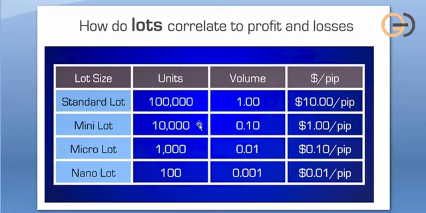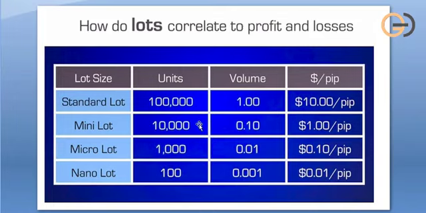So it is the amount of money that you have that you can use to purchase a currency in the market. So if you have a $1,000 account, you can buy a lot size of 0.01, and of course with the lot size of 0.01, you make 0.10 cents per pip movement.